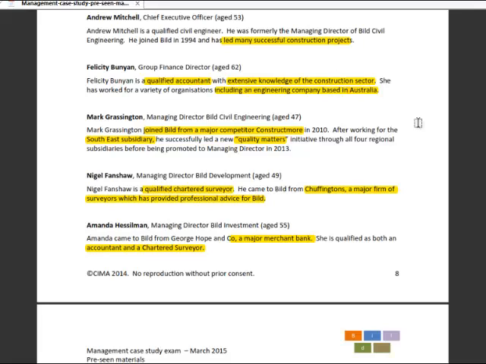The MD of Build Development is Nigel Fanshawe. He's a chartered surveyor. He comes from Chuffington's, a firm of surveyors which has provided advice for Build. And the managing director of the investment subsidiary is Amanda Hesselman, who comes from a major merchant bank. She's qualified as an accountant and a chartered surveyor.